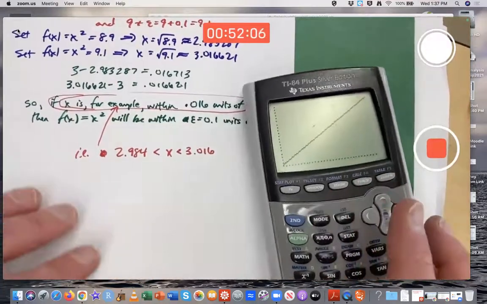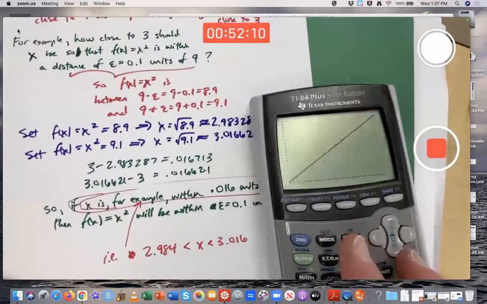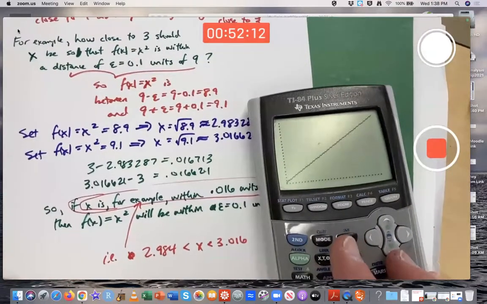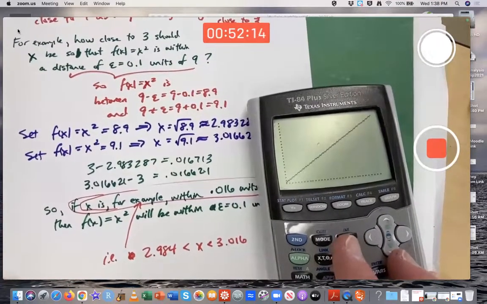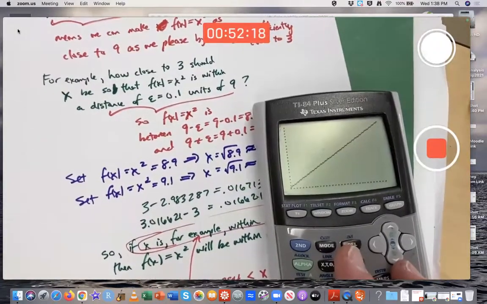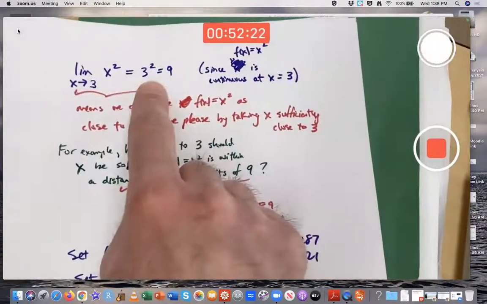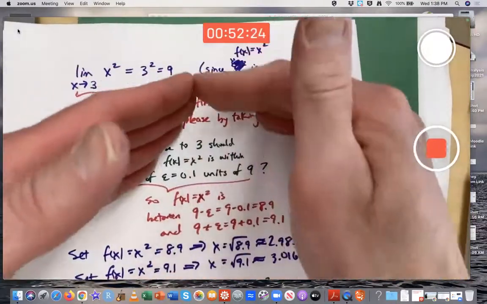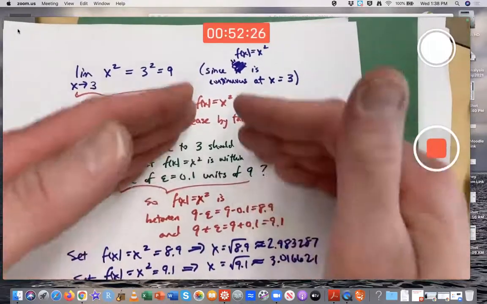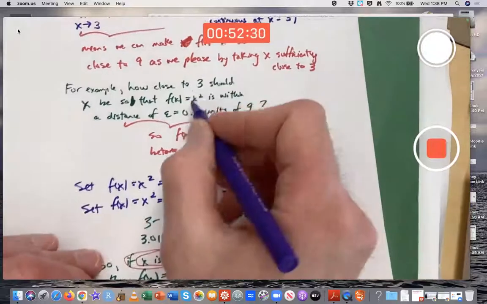Now you might be saying, what in the world is going on here? What is this all about? And if you are, that's probably good. You should wonder what it's about. Here's what it's about. The fact that this limit is 9 means I can play this game and always succeed, no matter how small this number is.